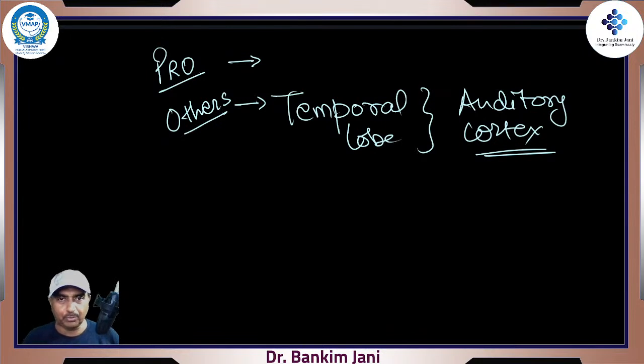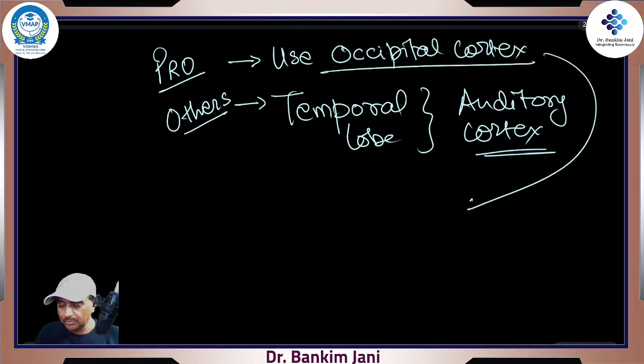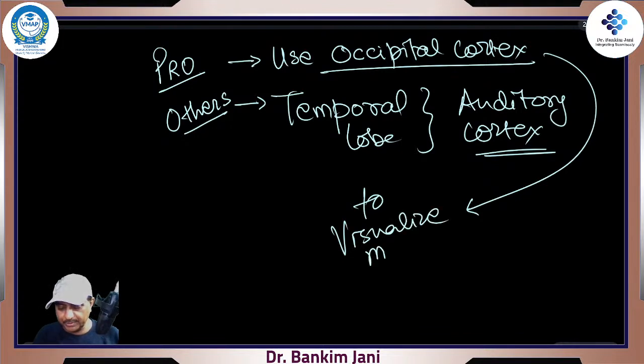When it comes to professionals, we know the occipital cortex is the visual cortex; whatever the retina sends is processed there. But wait, there is a difference. When functional MRIs were done, it was found that professionals use the occipital cortex. And what they really do is visualize music.